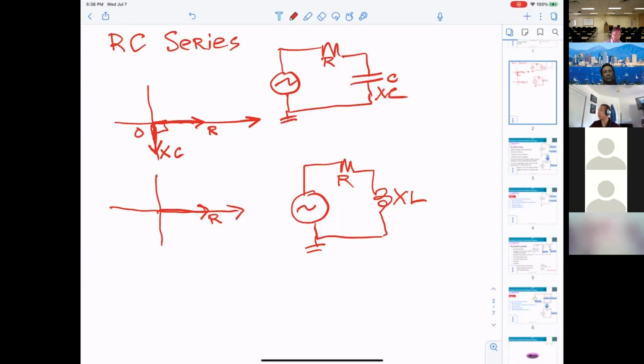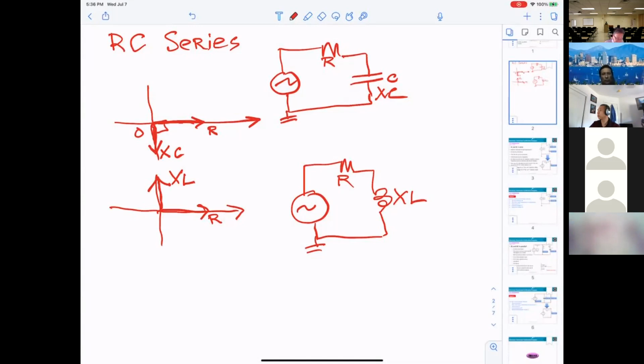Positive. Up 90 degrees. That's what you must know. That will be XL. That means XC and XL on the phasor will be opposite.